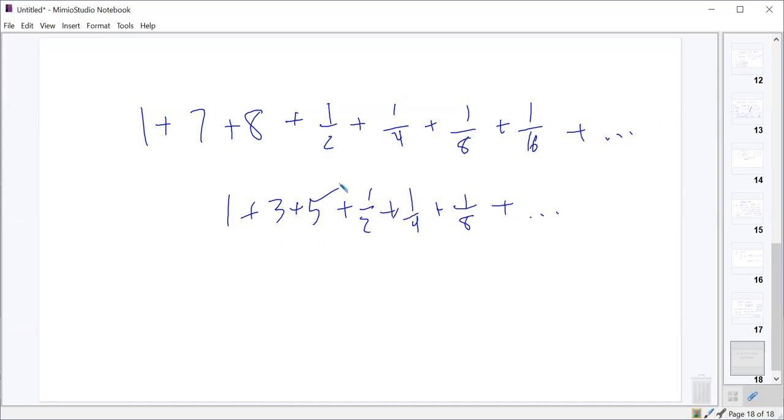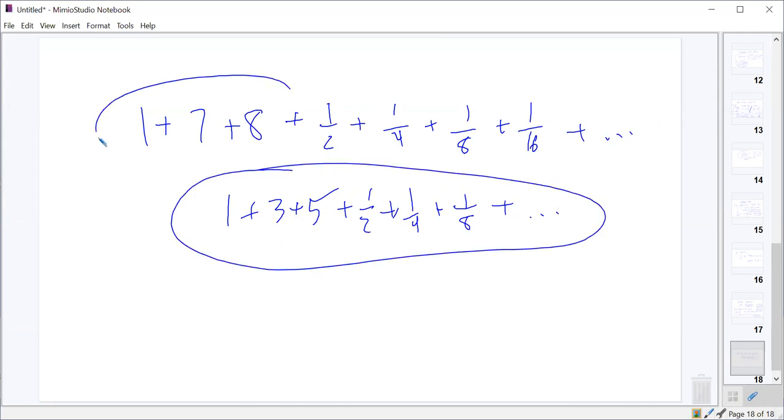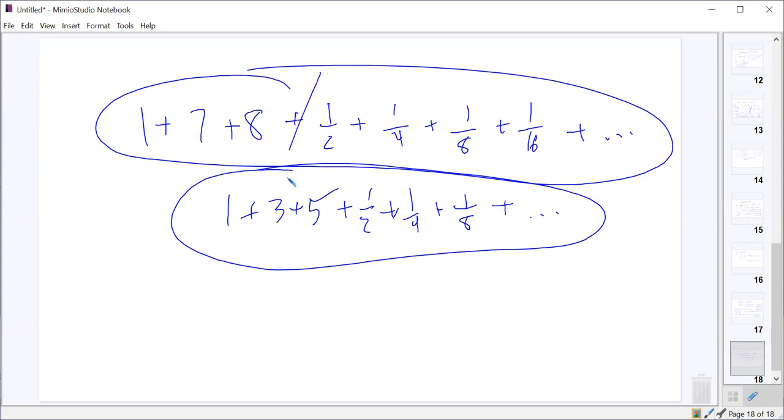Because we know this one converges, we also know this one converges, even though after 3 terms some of these values were larger than these values. We know this one converges, and after the 3rd term, all of these are less than or equal to, they all happen to be equal to, the terms of this series. So this other one on top must also converge. This is that m value, where after an index of 4 here, that takes place. Does that make sense or not? Everybody okay?